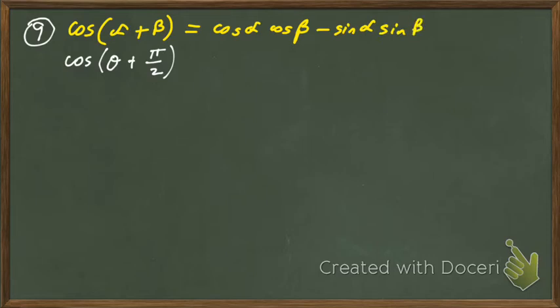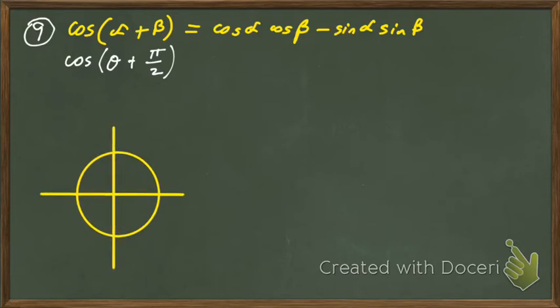Now, real fast, let's make sure we know what, if we have pi over 2, which is right up here, what would be the coordinates on the unit circle? Would it be 0, 1? Would they be alphabetical? Cosine, sine. So do you know that the cosine of pi over 2 is 0 and the sine of pi over 2 is 1? The reason I ask is we have to fill these in.